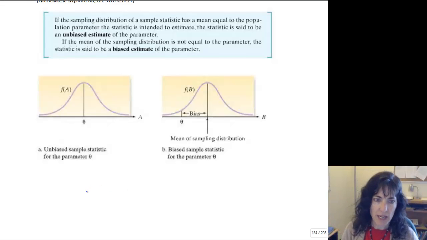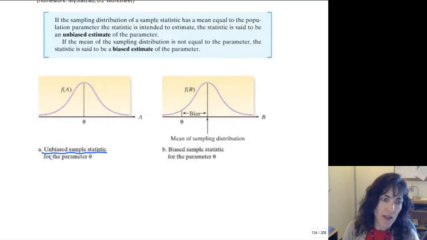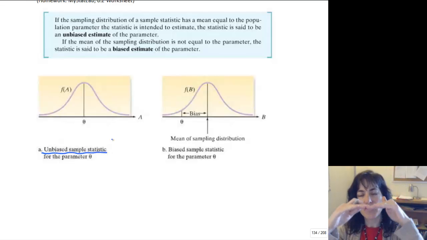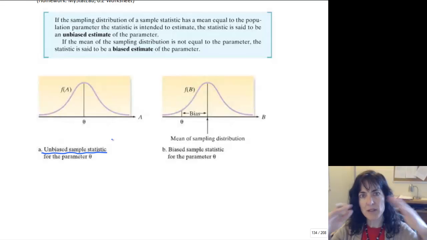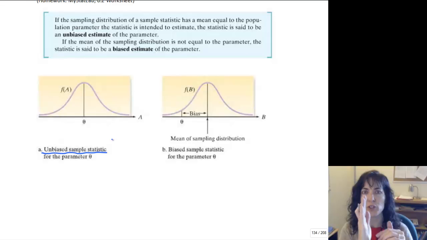If I take a whole bunch of samples and find the distribution of all the sample means, and it's a bell-shaped curve or a normal distribution, and the center or the mean of that sampling distribution is exactly the mu from my population, then I have an unbiased predictor.